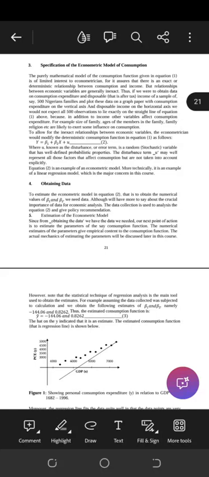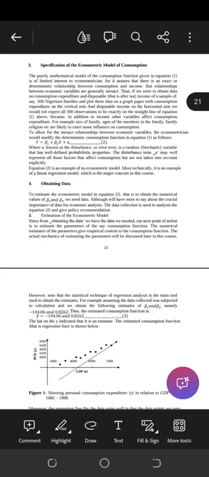We wrote that c is equal to a plus b yd, where yd is disposable income. That is a deterministic relationship, so it is exact. But that may not be true. Relationships between economic variables are generally inexact.